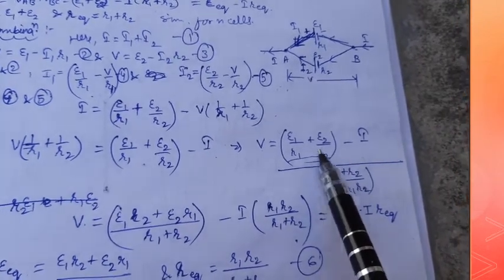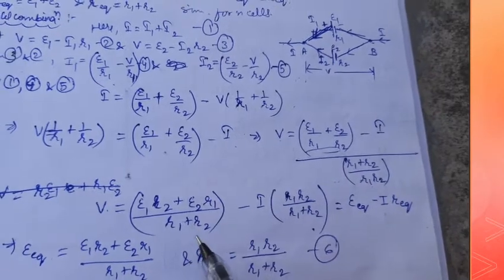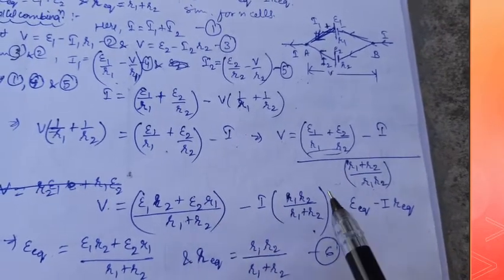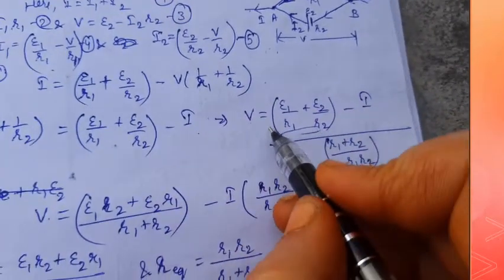On further solving, this will be (E1 R2 plus E2 R1) upon R1 R2, divided by this. Let me solve this one.